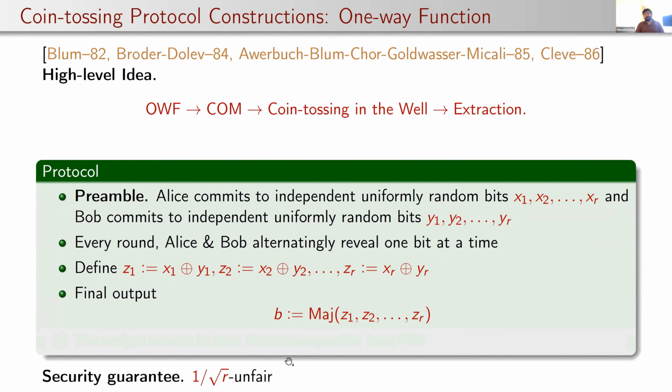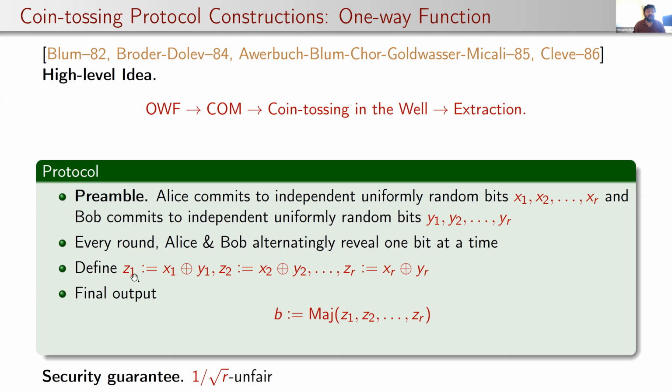So let me quickly summarize the state of the art before our results. Suppose we are in Minicrypt, so one-way functions exist. Therefore, there are commitment schemes. Then in the 1980s, the following protocol was proposed. Alice commits to independent random bits x1, x2, ..., xR. Bob commits to independent random bits y1, y2, ..., yR. In every round, Alice and Bob reveal one bit at a time.